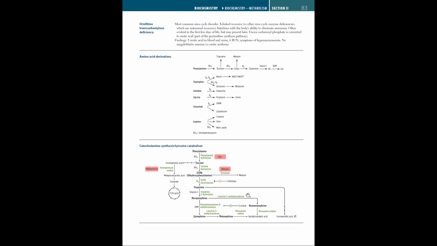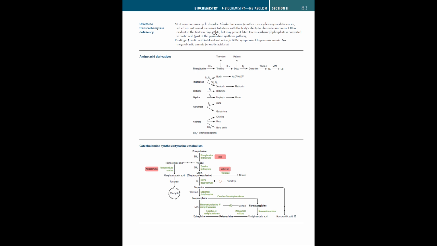All right. Next, we have ornithine transcarbamylase deficiency, and this is the most common urea cycle disorder, and this is X-linked recessive, compared to other urea cycle enzyme deficiencies, which are mostly autosomal recessive.